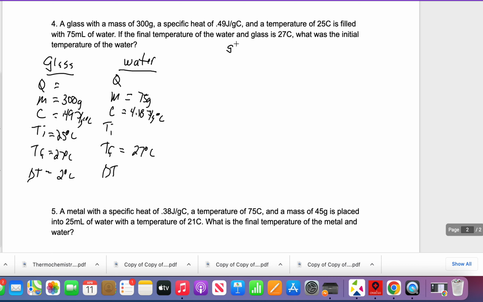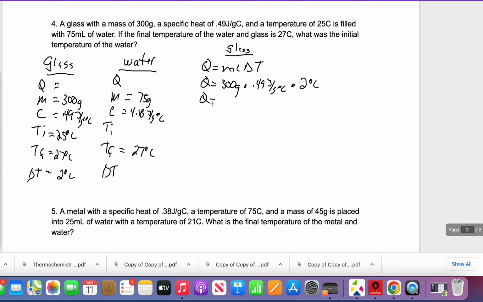So for the glass, we got to figure out the Q. So we're going to do Q equals MC delta T. So Q equals 300 grams times 0.49 joules per gram degree Celsius times the temperature change of the glass.